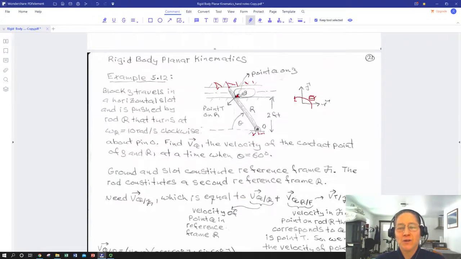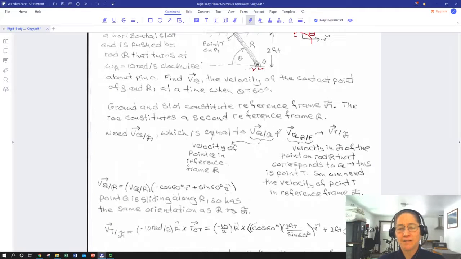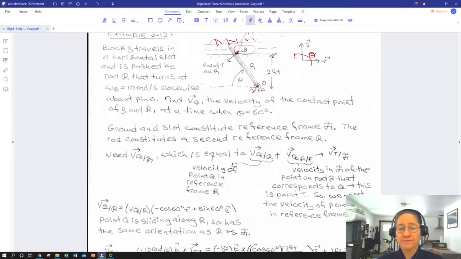And if we go back up here, if you think of the rod as turning this way and you're standing on the rod and you don't realize you're rotating, it's going to look like point Q is just moving straight back and forth in the radius direction of the rod. So that's the velocity of Q in R. The velocity of the rod in F is purely rotational. So that should be something that we can handle.